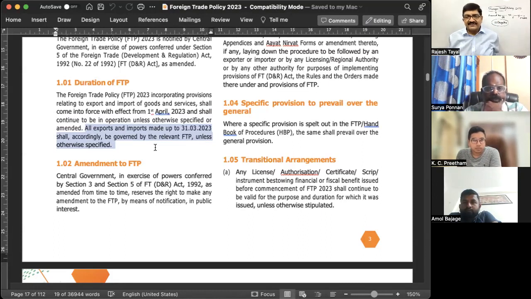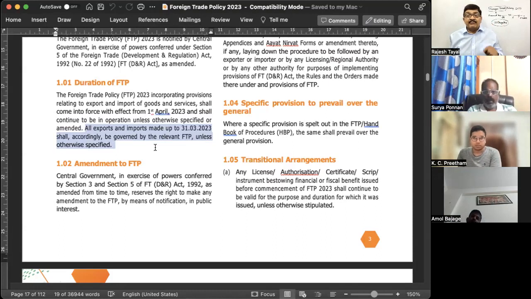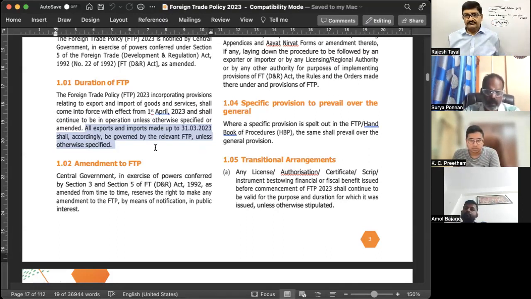Any export or import already done up to 31st March, this policy has nothing to do with that. That import or export already completed up to 31st March will be governed by the foreign trade policy 2015-2020. This policy does not have any retrospective effect.